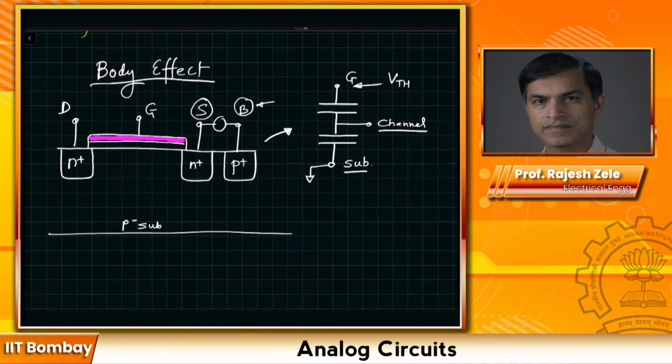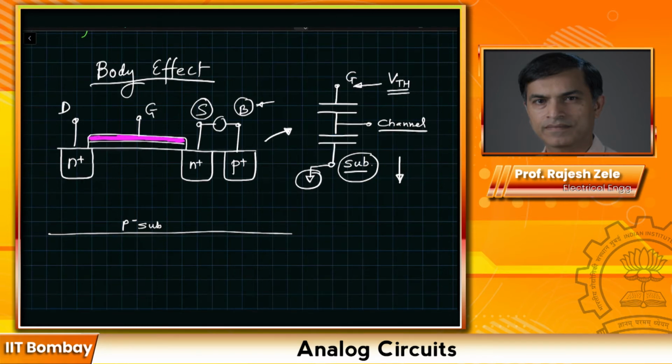The inversion layer is formed when you have certain voltage, VTH, threshold voltage applied between gate and the source. Intuitively, if I take this substrate potential negative, down below ground or whatever this value is, what do you expect that you should apply to the gate to form the channel under the device?